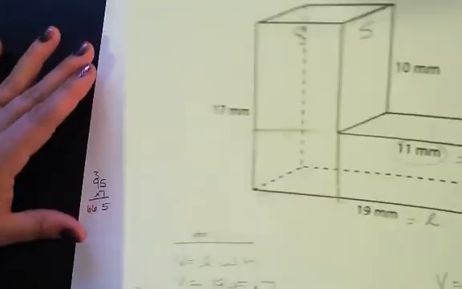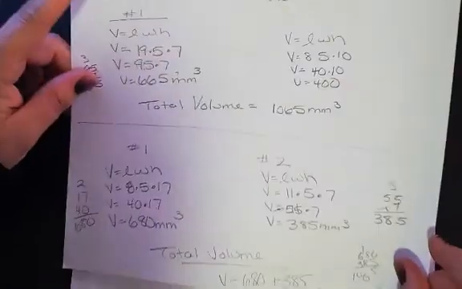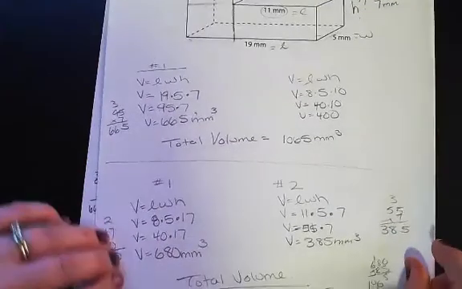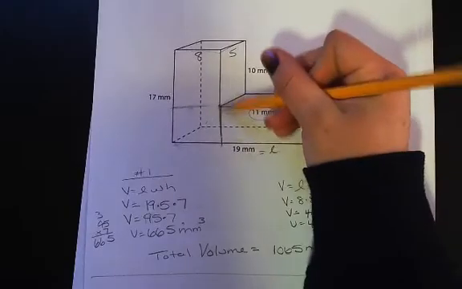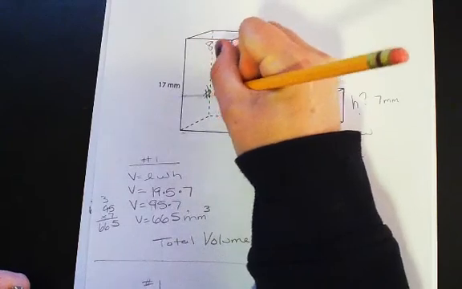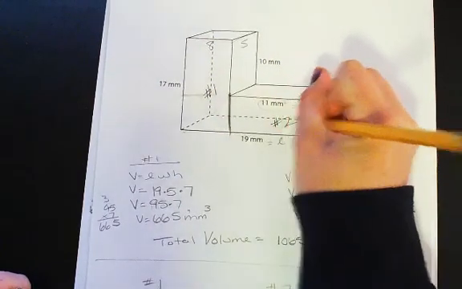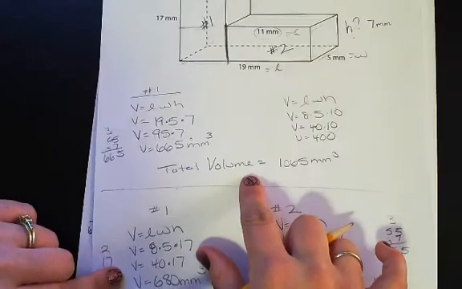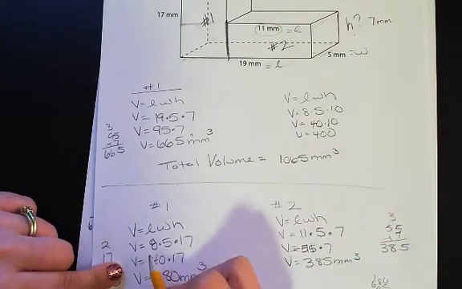Looking at the other way I could have split this problem, just to walk you through the difference. The other way I could have done it, which I did over here, is to cut it the long way. So I went this way right here, and that split it into this long shape, number 1, and this shape, number 2.